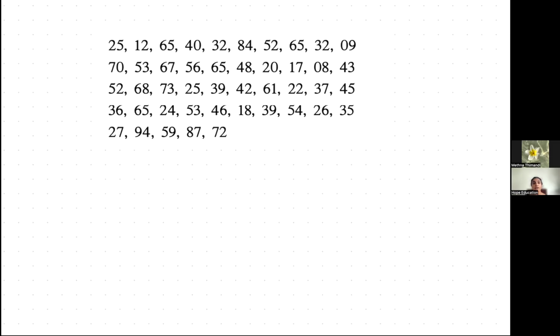Right? So first of all, before we categorize, we have to find the range. In any data set, how do we find the range? We subtract the lowest value in the data set from the highest value.